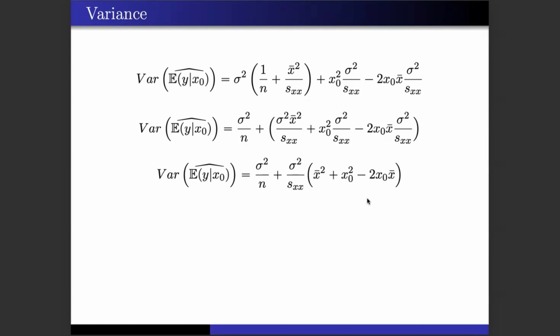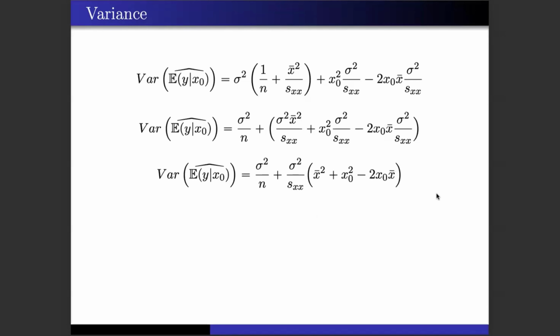And now in the second term here, which is x bar square plus x naught square minus 2 x naught x bar, we treat x naught as a, we treat x bar as b, and we use the identity that a minus b whole square is equal to a square plus b square minus 2ab.